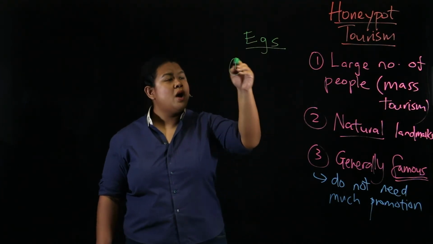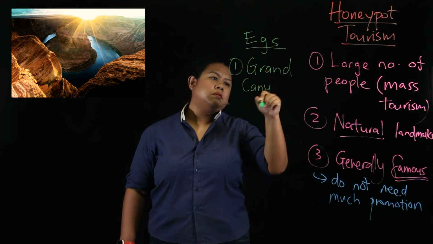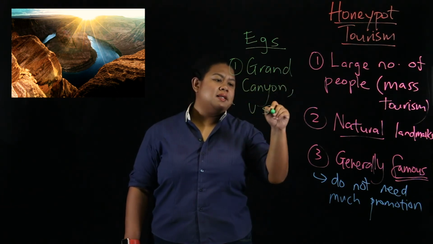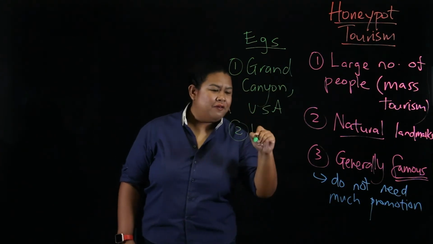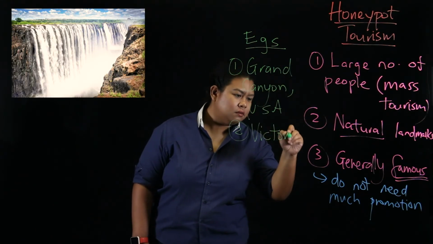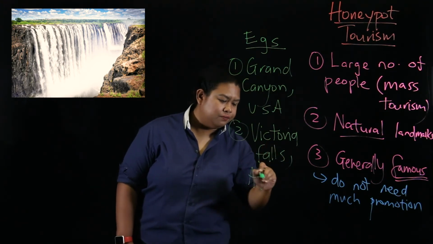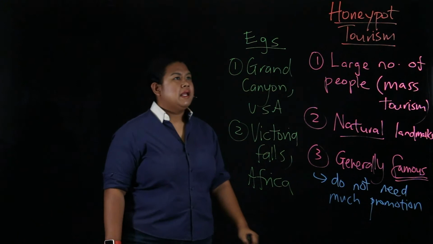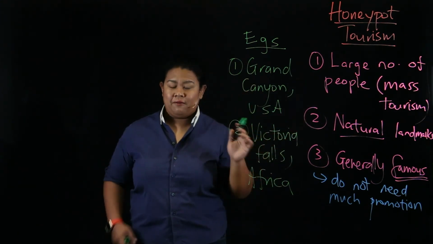All right, number one, we have the Grand Canyon, USA. Okay, and number two, we have Victoria Falls in Africa. Alright, so these are the two famous natural landmarks that we have.